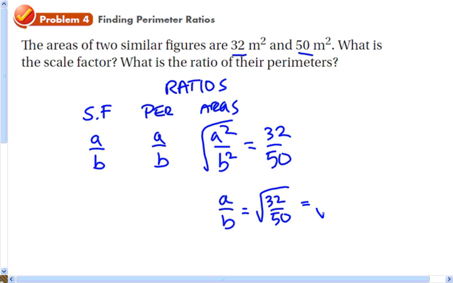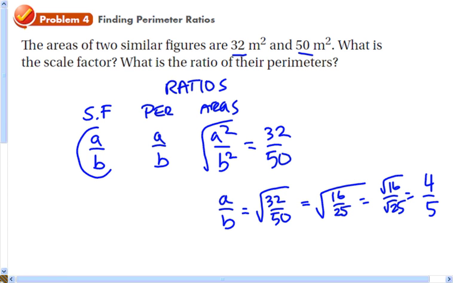I'm going to simplify the fraction. That's the same as 16/25. And now we can do the square root. That's the square root of 16 over the square root of 25, which is 4 over 5. And that's our scale factor, and also our ratio of perimeters. So 4 over 5 for both of those. All right, I'll let you try that.